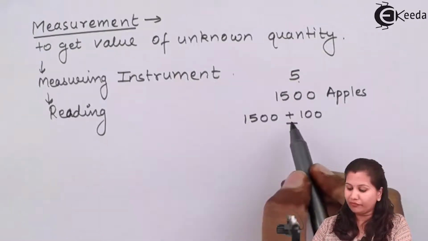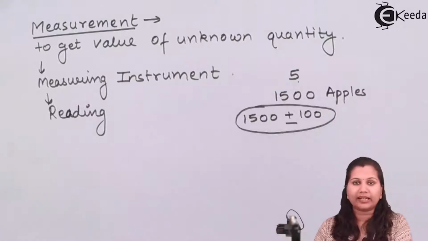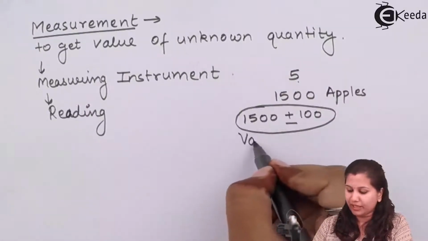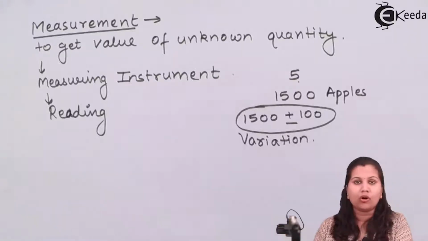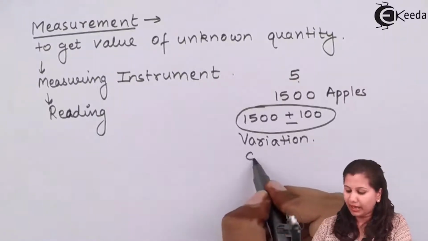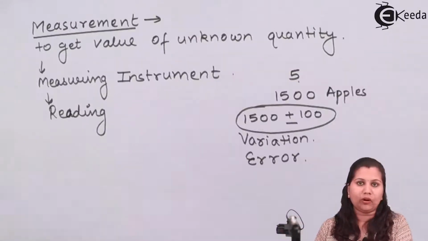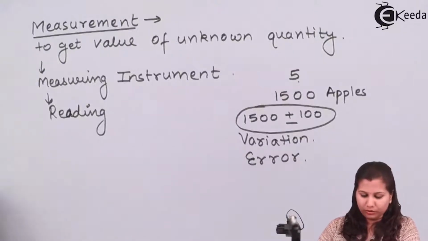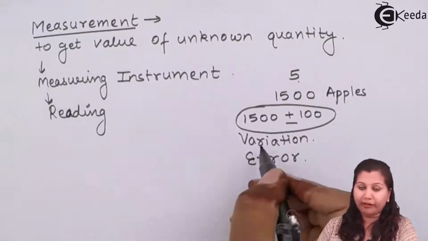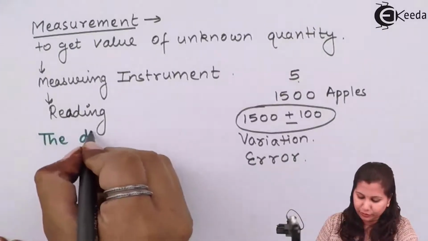Whenever we define our result in this form, we say that some variation may be possible, or we can say some error has occurred in the counting of the apples. So we can define this variation as the difference between the two readings.